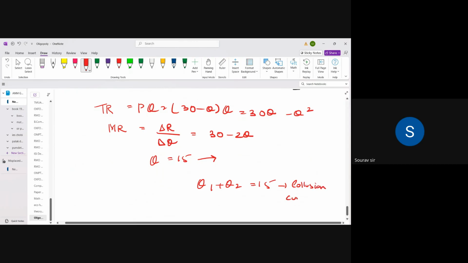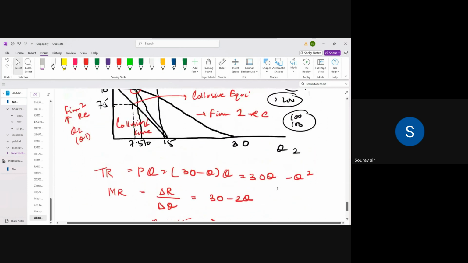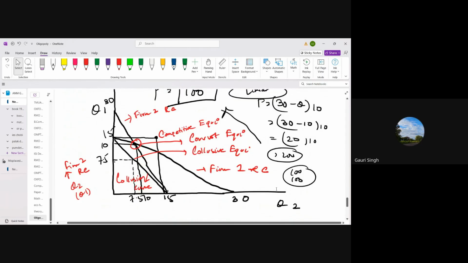I'm coming to your question. Have you understood the collusion curve concept? You can explain it again. Yeah. I am telling that suppose the antitrust law were relaxed and the two firms can collude. Means instead of competing, they can collude.